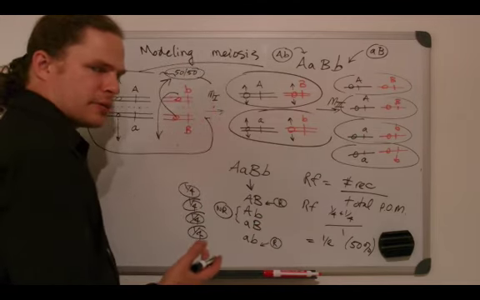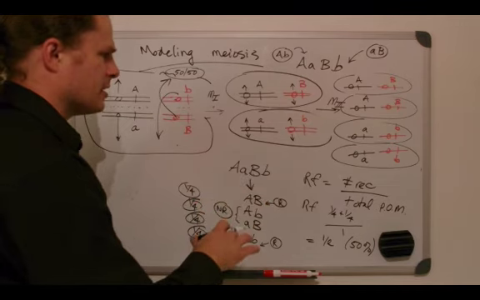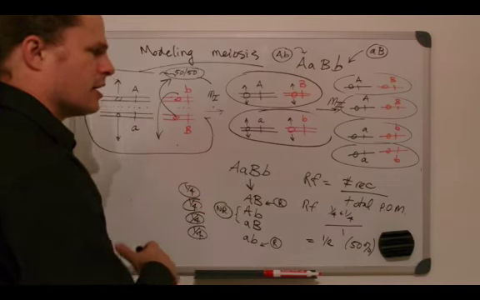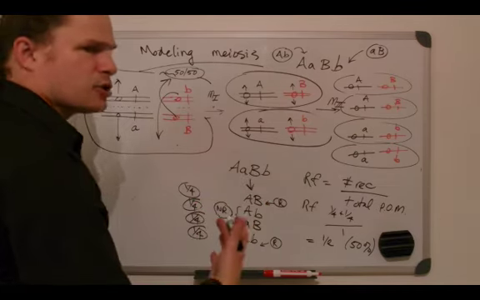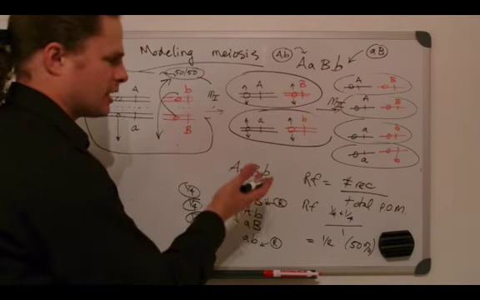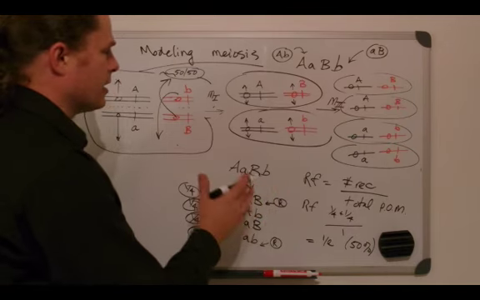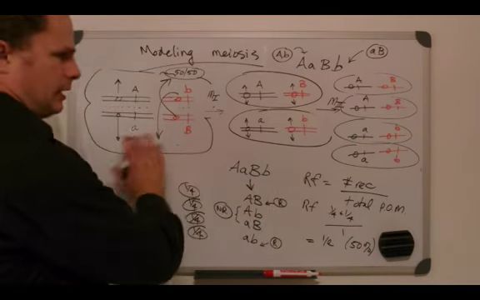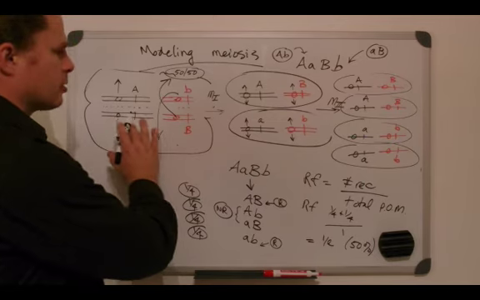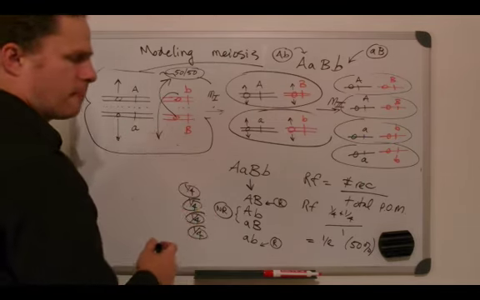So recombination frequency of 50% is another way to say that these loci are behaving as though they are genetically unlinked. And the reason why they are behaving as if they are genetically unlinked or genetically independent of one another is because they are physically unlinked. They're not physically on the same chromosome, and independent assortment is producing the pattern.